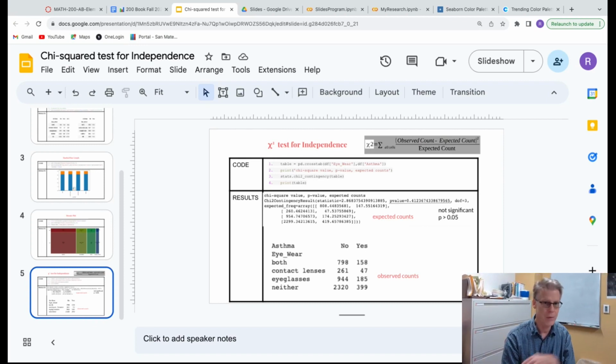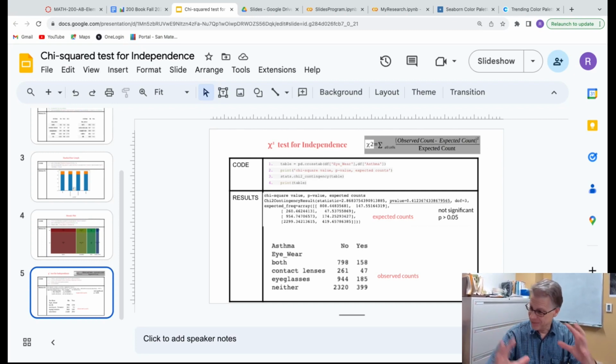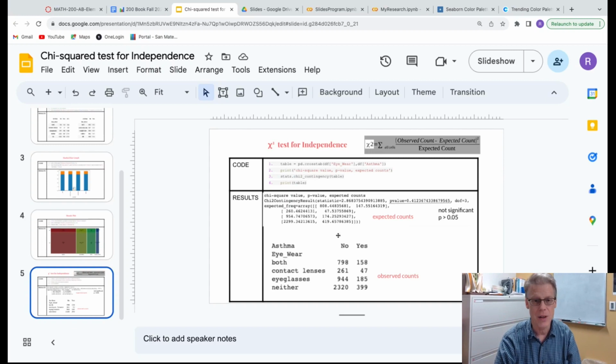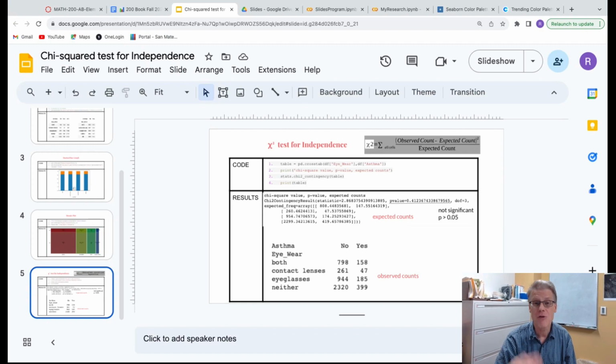Otherwise, the negatives would cancel out with the positives, and you'd get nothing. So they take the observed minus the expected, square that difference, and then divide it by the expected. That kind of normalizes it so that if you have a big difference just because it's big numbers, it won't contribute so much.